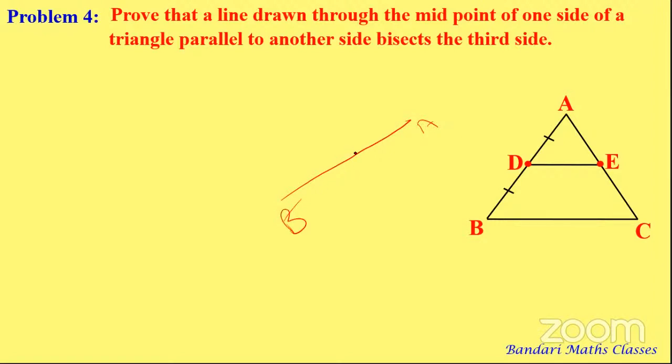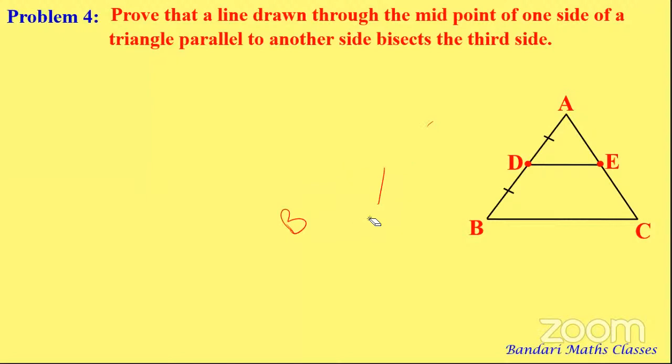Midpoint means exactly the same length on both sides. The point divides the line segment AB into two equal parts. That is called midpoint. The point X is the midpoint which I have drawn.